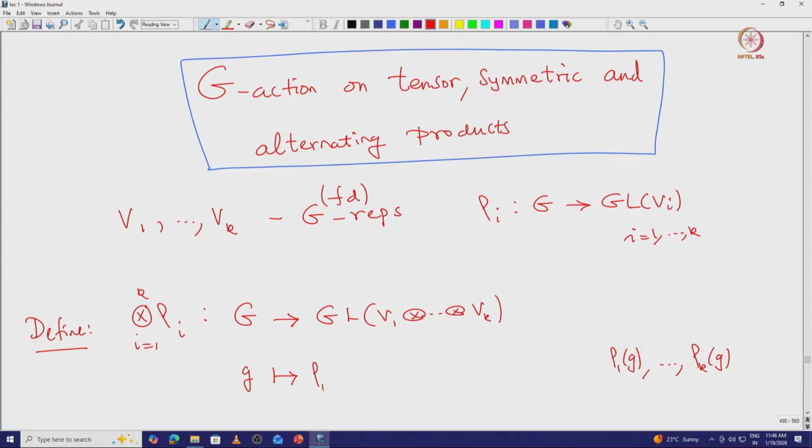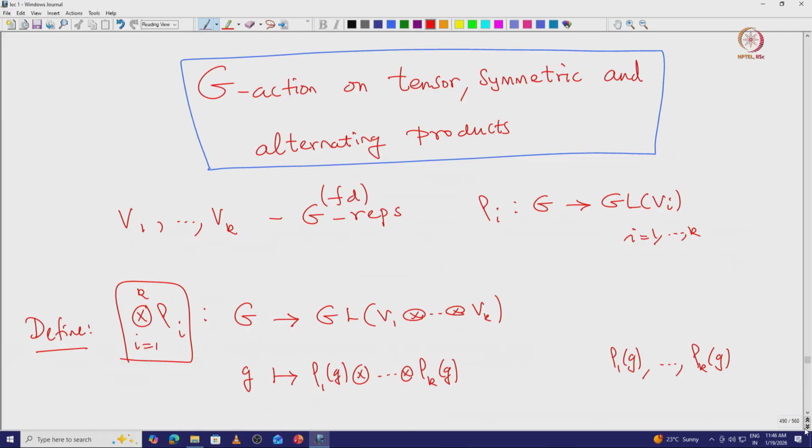You look at this tensor product of rho 1 g etc. rho k g. That is the image of g under this tensor product map. This makes V1 tensor etc. Vk a representation. That is something one can check directly. I am going to leave it to you.